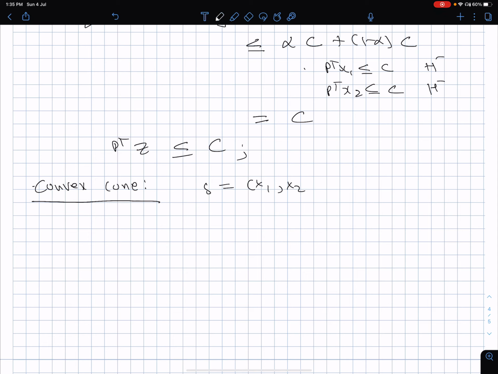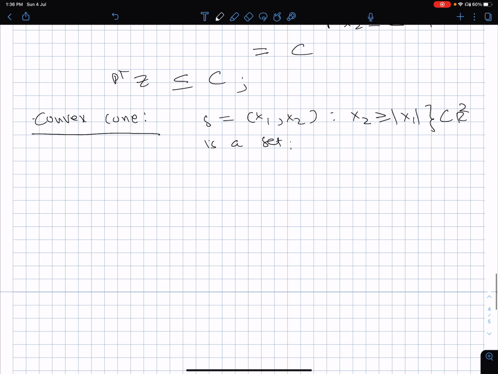So a convex cone in just two dimensions, x2 greater than or equal to mod of x1, which is a subset of R squared, is a convex set. How? We'll just draw it and check it. In two dimensions we can simply draw and check.